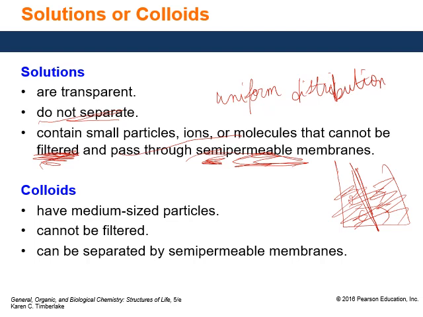So solutions cannot be separated into solute and solvent by either filtering or a semi-permeable membrane. It just doesn't work. A colloid, on the other hand, is a mixture prepared by adding particles that are a little bit bigger in size than in a solution. They're very similar to solutions in the sense that they also have uniform, or homogeneous, distribution.